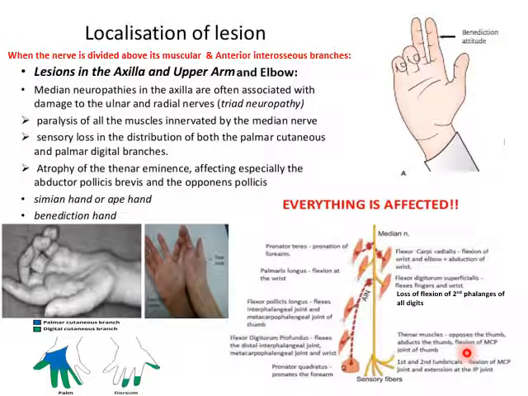The opposition function of the thumb, that is touching the pulp of the other digits, is lost. Abduction of the thumb is lost. Faint flexion of the thumb is retained because the flexor pollicis brevis muscle, the deep head, has its nerve supply from the ulnar nerve also. So the flexor pollicis brevis is a dual nerve supply muscle.